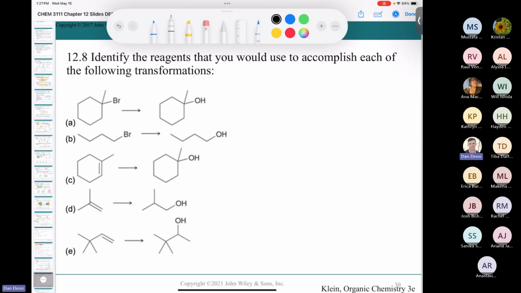Okay, so now we're getting into something a little more interesting. We're getting into some syntheses, and this is where you're going to have to reach back into the nether regions of your mind from organic one to see if you can solve these. I'm going to walk through some of them with you, and I'm going to ask you some questions. Now, a reaction that doesn't come up a lot in organic one, I fully admit that, is solvolysis, which is an SN1 reaction.